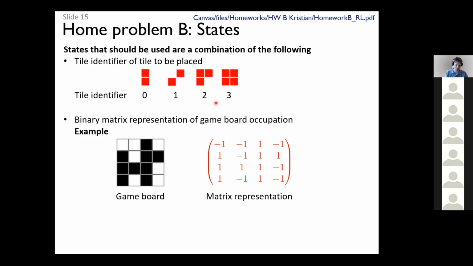And also, for that case, if you have a deterministic tile sequence, the time or the number of the tile could be relevant information for the state. But for the problem you will consider, you should use this representation, the binary representation of the grid and the tile to be placed.